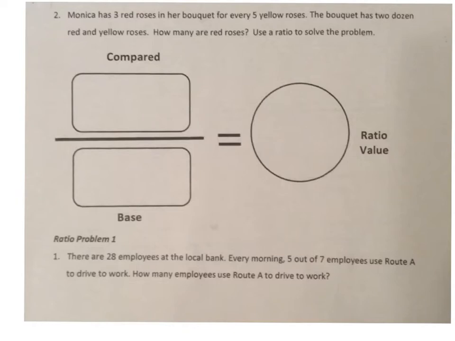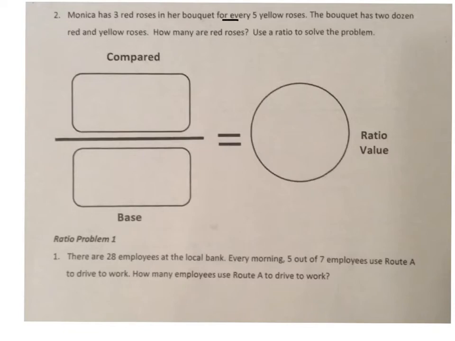We have a girl named Monica, and she has 3 red roses in her bouquet for every 5 yellow roses. So right there it's telling us the ratio. We do know that the whole bouquet has 2 dozen red and yellow roses combined. What we're wanting to find out is how many are red roses. We know this is a ratio problem. Right here is a big key word that it's going to be a ratio problem: the "for every" statement.